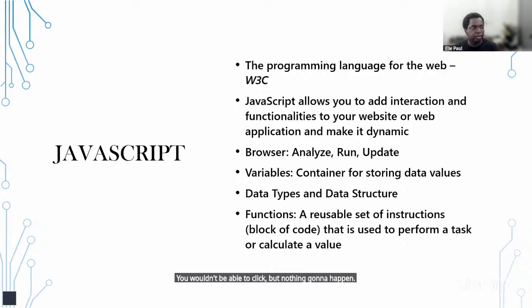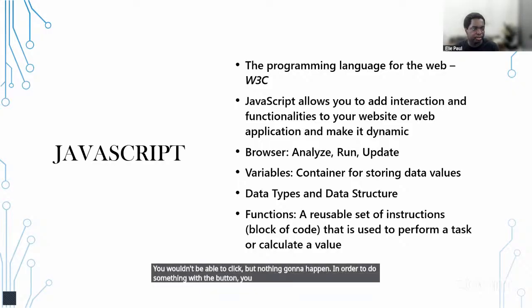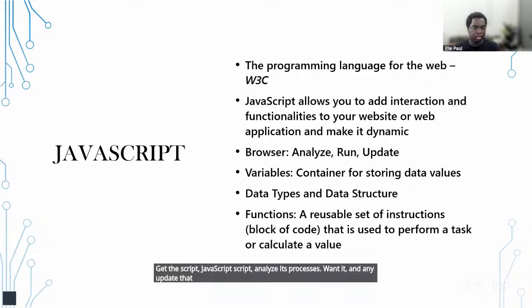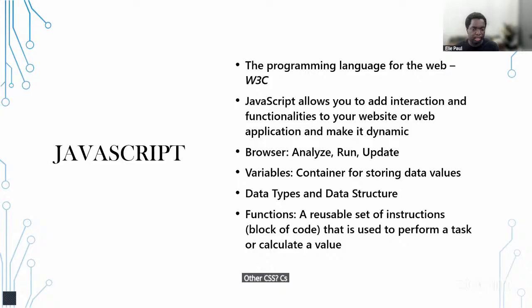In order to do something with the button, you have to use JavaScript. The same thing about the browser: it's gonna get the JavaScript script, analyze it, process it, run it, and any update that needs to be done on the HTML DOM or the CSS object model, it's gonna do the change.